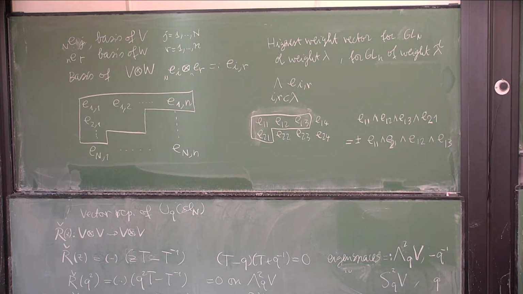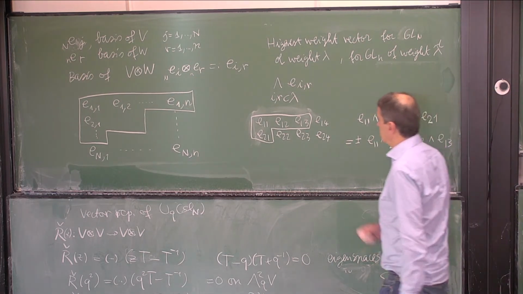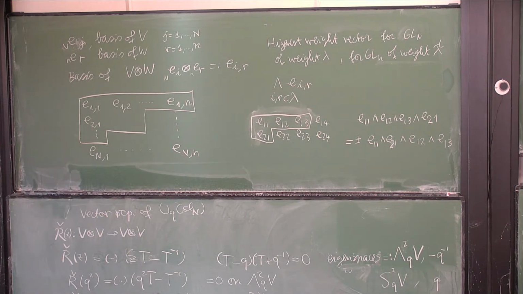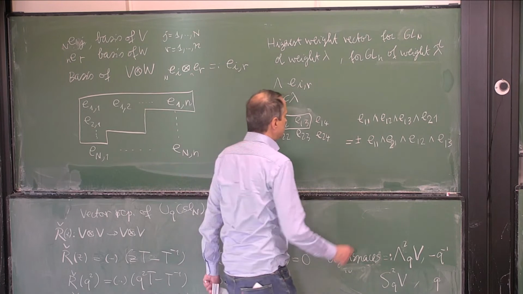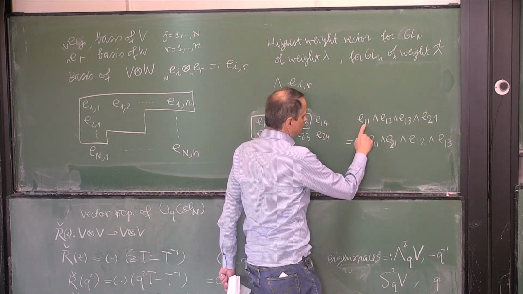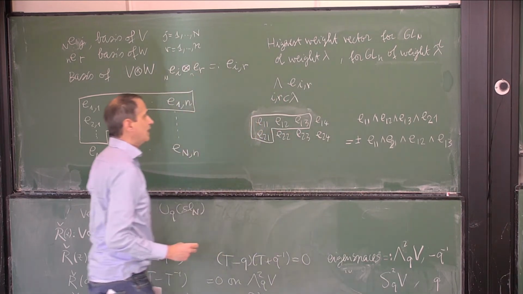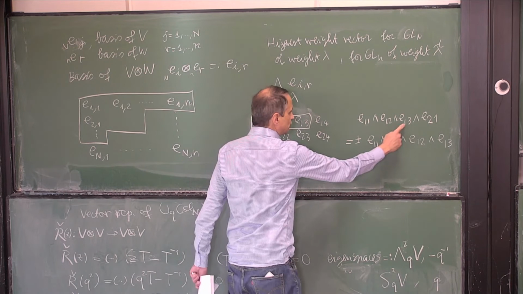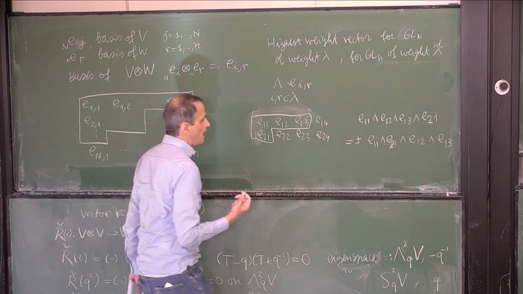Now what is the weight of this vector? Here, the GL_n weight. The torus of GL_n consists of diagonal matrices. The first eigenvalue will be 3, because this appears 3 times. The first index corresponds to capital N, which is 2 in this case.